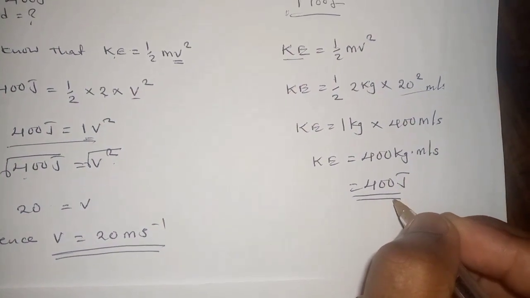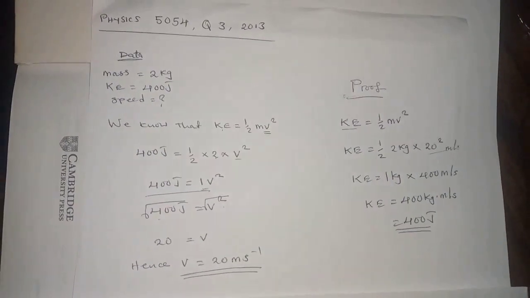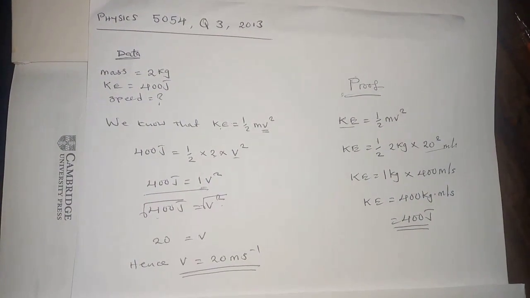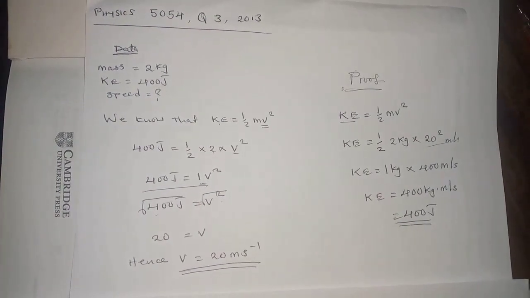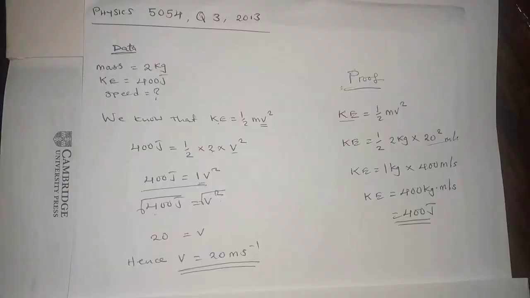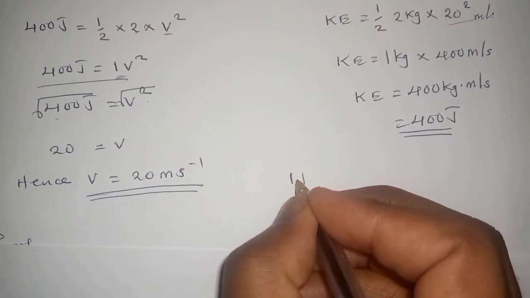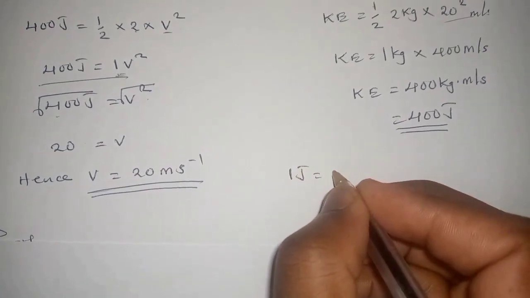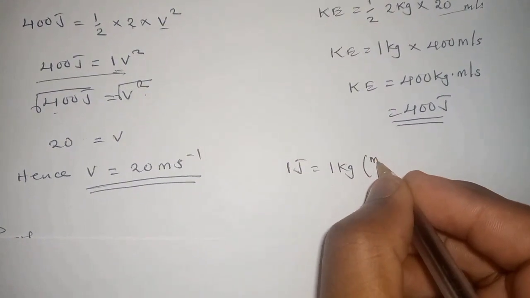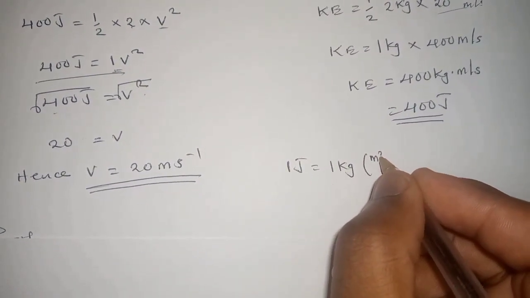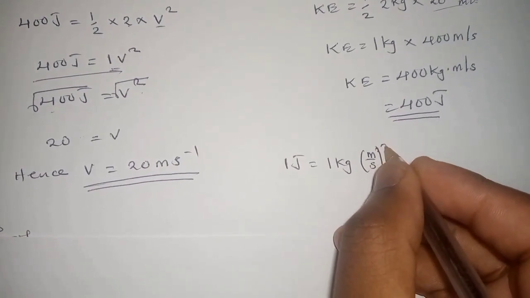So basically this is how you can go about answering this question. But before I leave, let me just show you something significant here pertaining to the unit joule for energy. We've got to know that 1 joule is actually kg multiplied by velocity, but velocity can be written as meters over s, then you square.